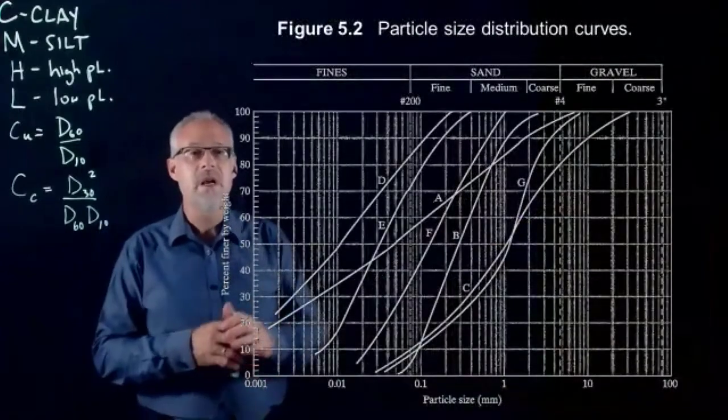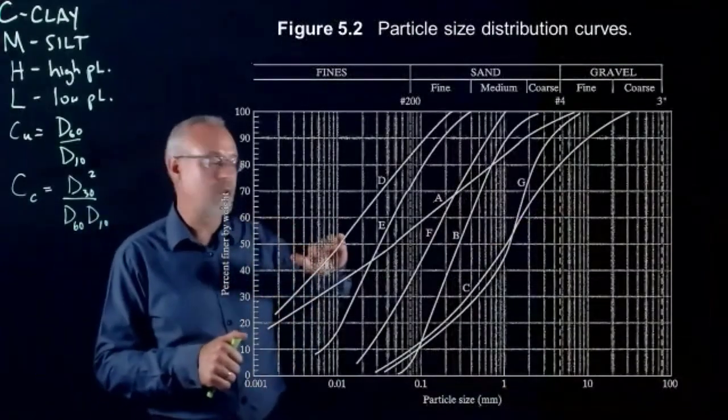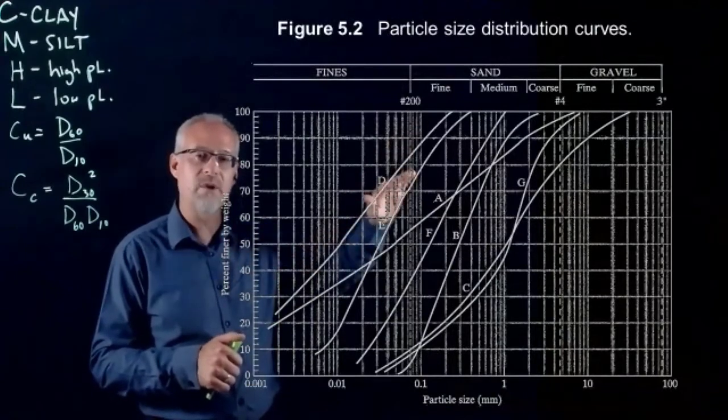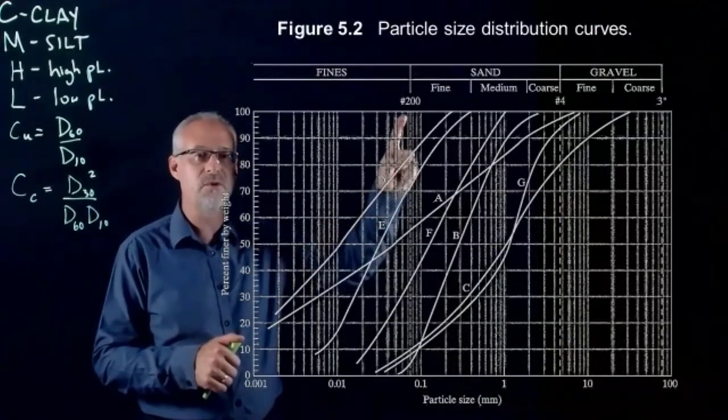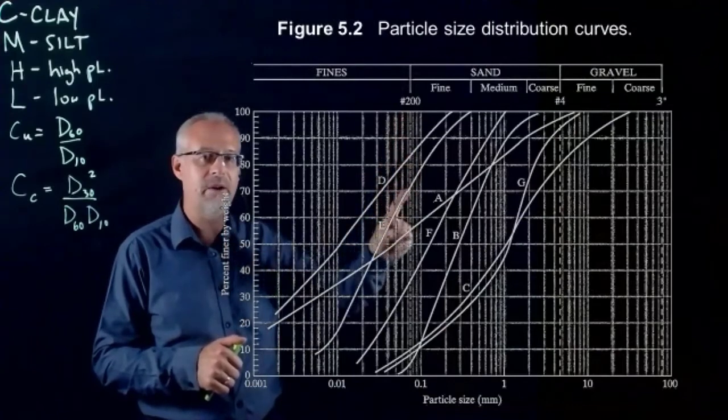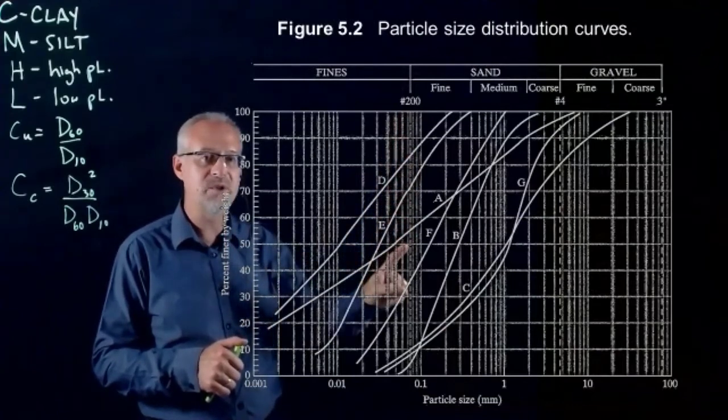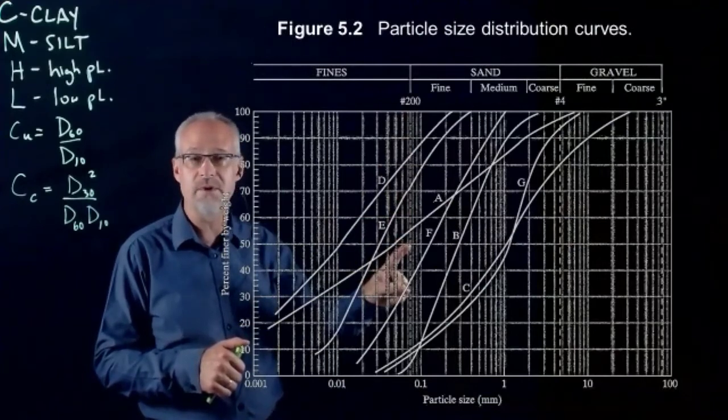that if I look at the curve for that particular soil sample, and I look to the number 200 sieve cutoff, and I come down here to 50%, it looks like I have 3 soil samples that have a line above 50% at the number 200 crossing line.